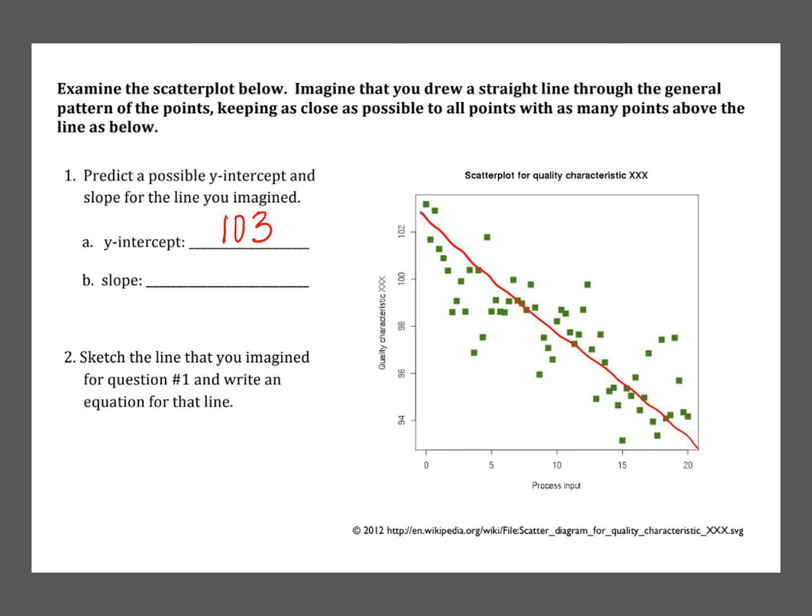If I take my point here and think about my rise over my run, kind of making that slope triangle, it looks like maybe that second point that I have picked, I can estimate to be 5, 100.